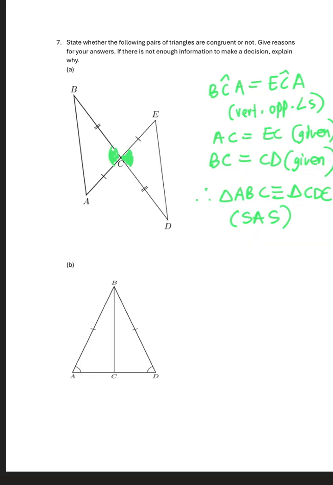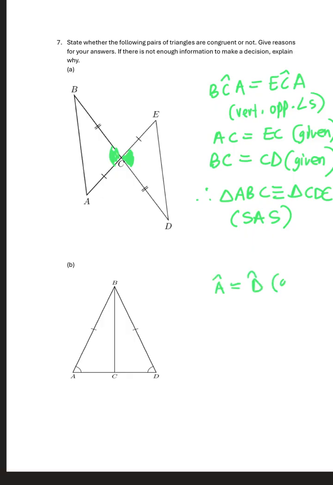And then we have number B. Number B, what do we have? We have angle A is equals to angle D, is given. Is this angle here and this angle here, they are equal. It's given that they are equal. And then we have AB is equals to BD, is also given.